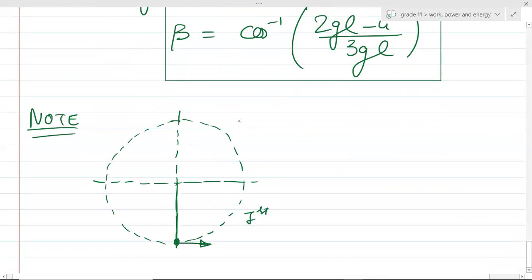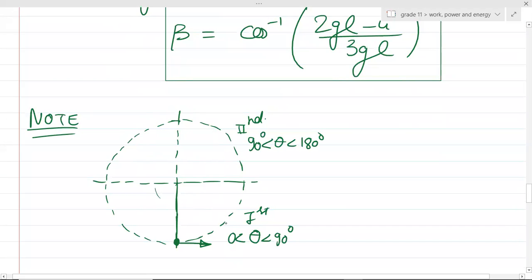Here theta will be from 0 to 90 degrees. Here it will be from 90 to 180. And from here, instead of taking the angle from the right hand side, you can take it from the left hand side, no problem, because whatever is happening in this part will be the same as this part, except only the directions would change.